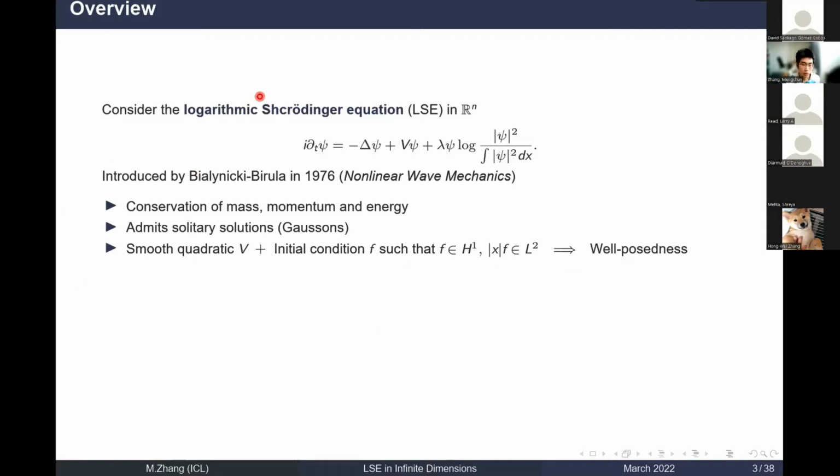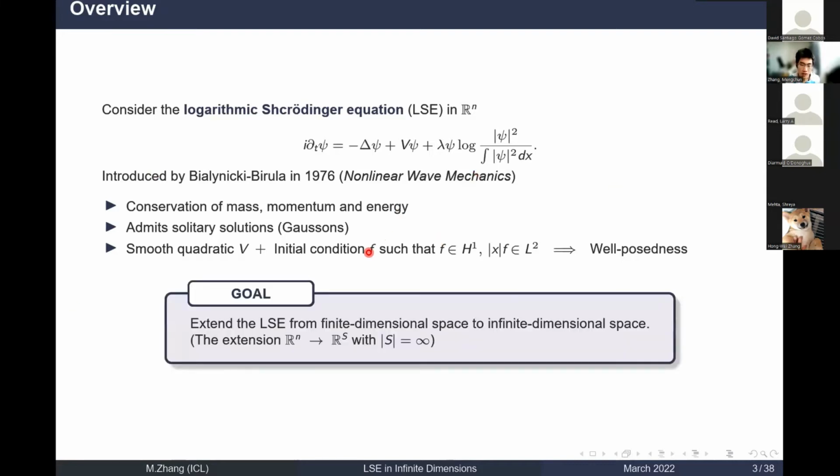So with all these nice results, our aim is to extend this equation from finite dimensional space to infinite dimensional space. What I mean is that we are trying to establish the extension from R^n to R^S with any infinite set S. Obviously, this set S is crucial because it determines the structure of the physical space.